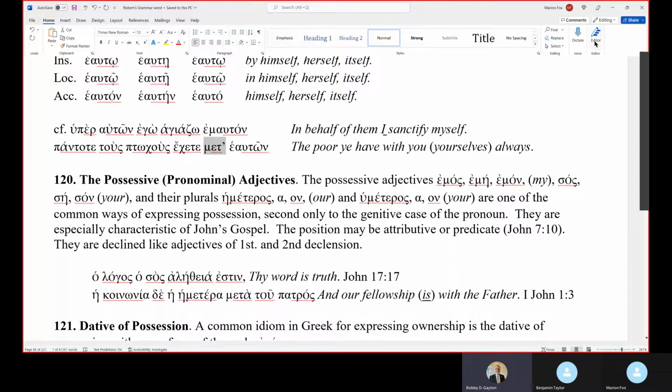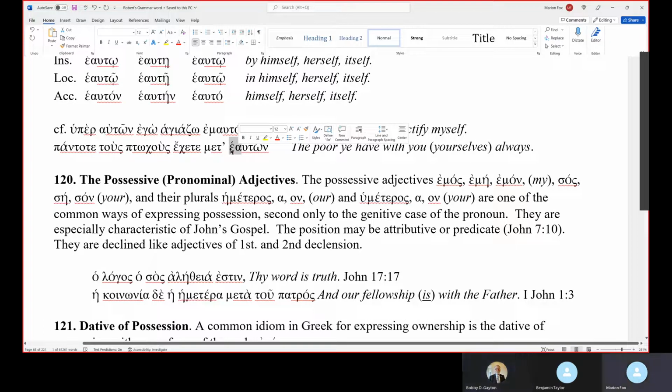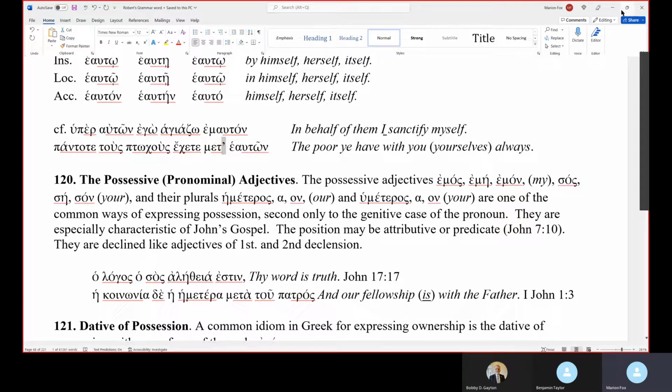Just one. Is that meth' hēmōn? Is that supposed to be that way? Because we have the rule here. Yeah. And so the alpha gets dropped off. I'm going to go over and show you the rule, okay?